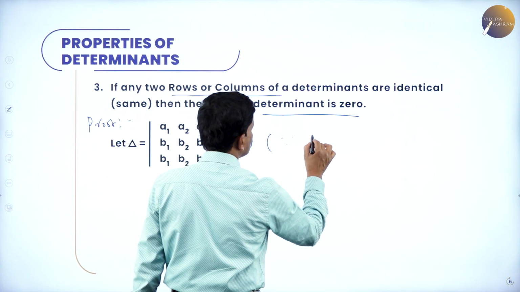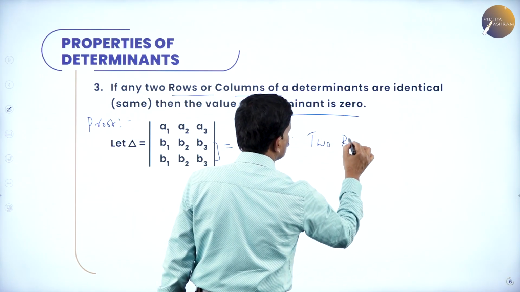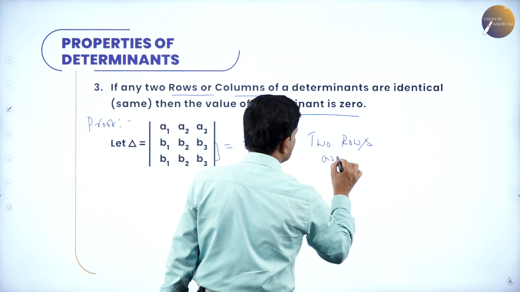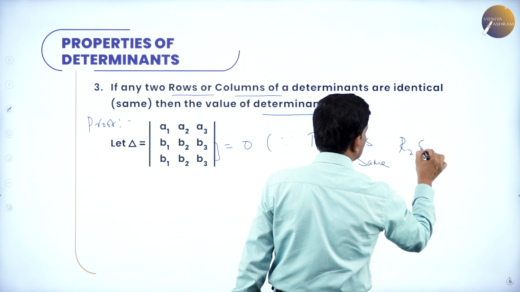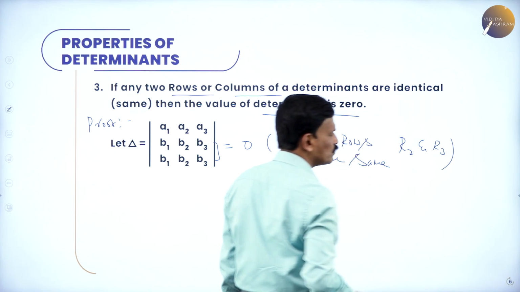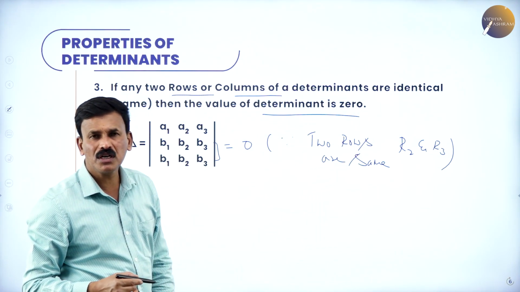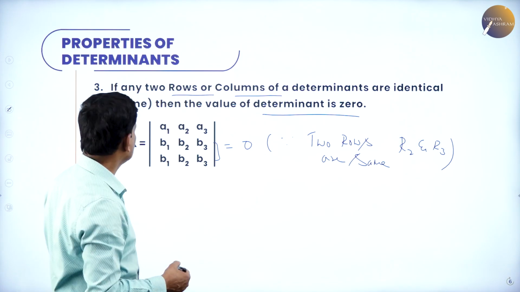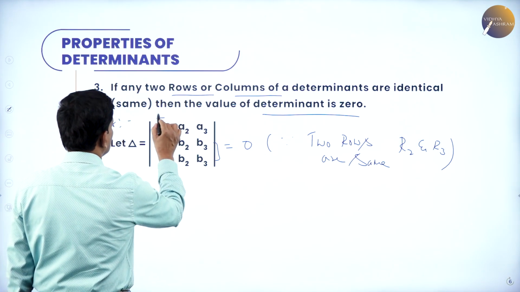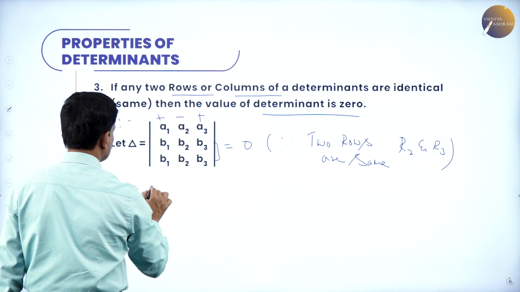Since 2 rows are the same, identical, that is row 2 and row 3 are the same, according to the definition the value of the determinant is equal to 0. Let me check whether we will get it or not. Now this is equal to plus, minus and plus.